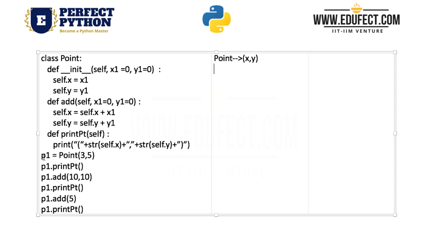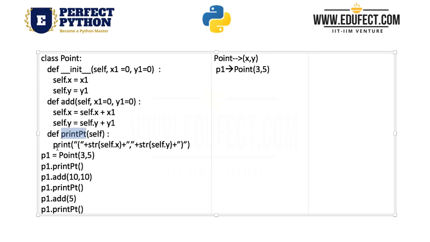So we are saying p1 is equal to point(3, 5), which means we'll end up calling this constructor, and x will get the value 3 and y will get the value 5. So p1 is an object of type point and it will have 3 and 5. Then we are saying p1.print_pt, which means we are calling this method print_pt for the object p1.